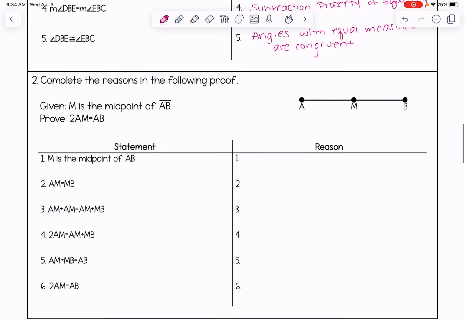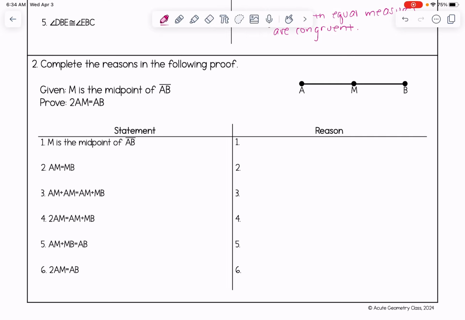Let's take a look at a segment proof. So we are given that M is the midpoint of AB. I'm going to fill in reason 1 right now as the given. And we're asked to prove that when we double AM, we would get AB. All right, so let's go piece by piece and see if we could fill in these reasons here. Statement 2 says that AM is equal to MB.